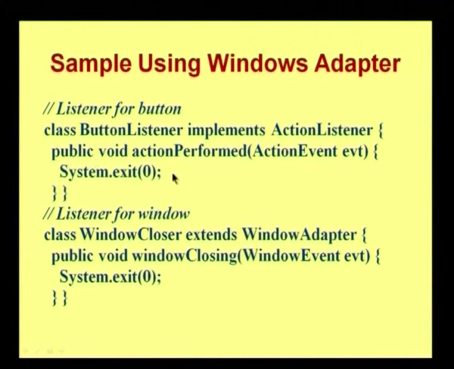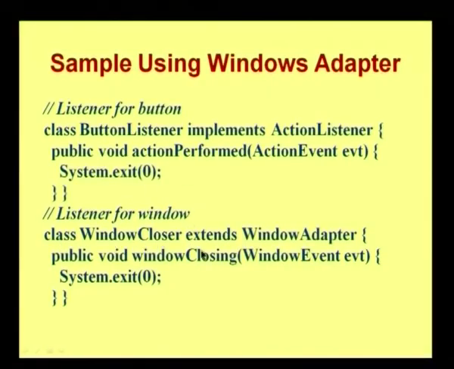Here you can see that you have a class called WindowCloser which extends the WindowAdapter. This WindowAdapter is the adapter class which has implemented all the methods available in the window listener, and I am going to override only one method, the windowClosing method. In this windowClosing method I implement the closing of the window, so I can close the window using the action listener which listens for a particular button.